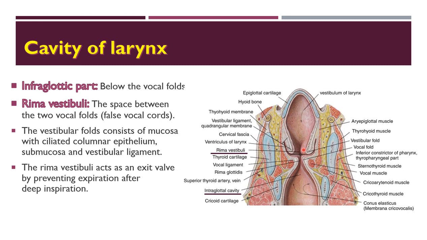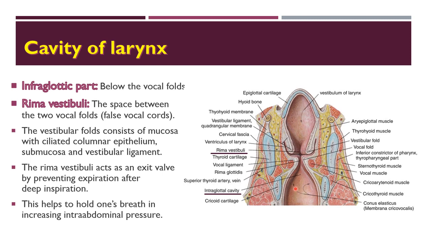When the air cannot be breathed out, pressure builds up inside. The diaphragm is in a contracted position, it goes down, and the intra-abdominal pressure is increased to hold one's breath.